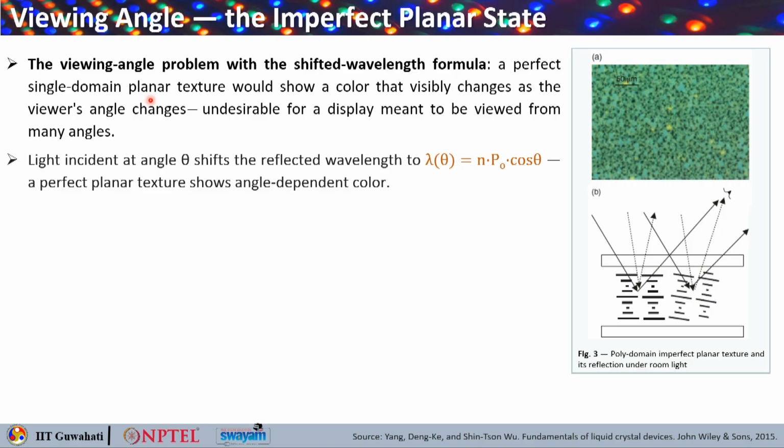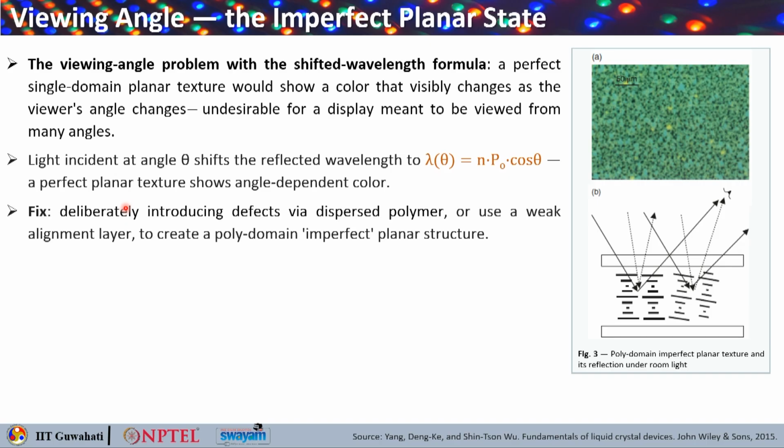Considering light incident at an angle theta, it shifts the reflected wavelength, so lambda is now a function of theta, something like n p naught cos theta. So at different angles you will start seeing different colors, and your perfect planar texture will show angle dependent color.